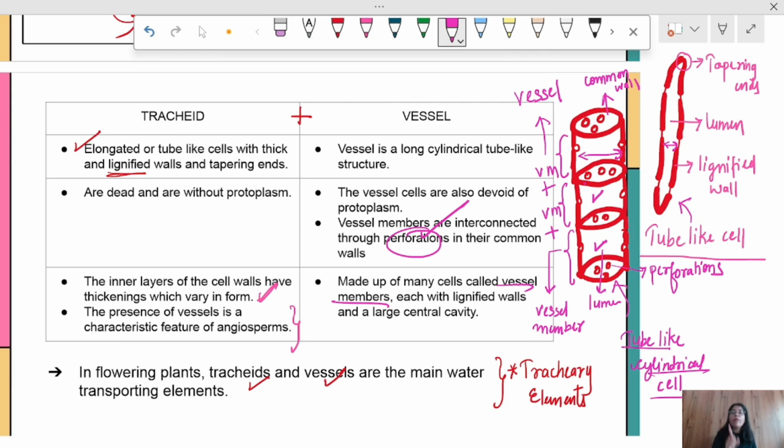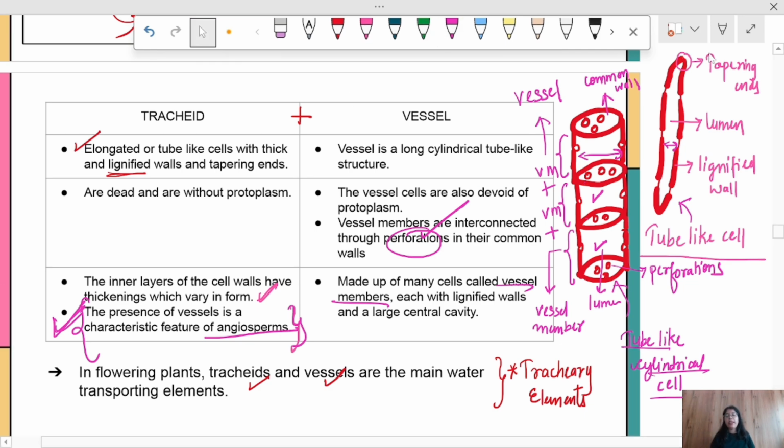Gymnosperms, there is no vessel. Angiosperm is the only characteristic plant which is having vessel. So that is why angiosperms are widespread distributed everywhere, because they have wider cells to transport or conduct water throughout the plant. Understood? Okay. And why these two are called tracheary elements? Because they are responsible for conducting water.